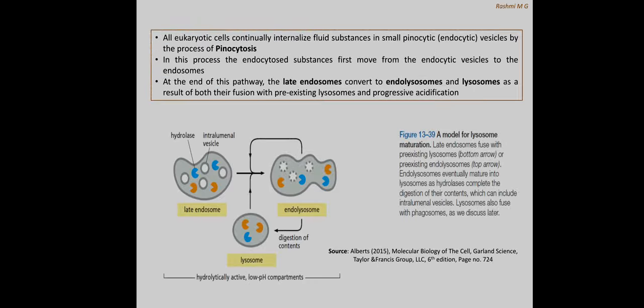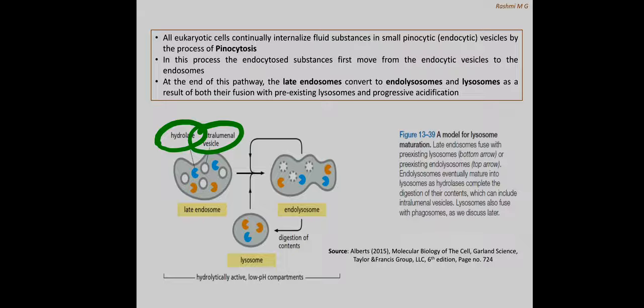First, how does this endolysosome form? There is the endosome, see here in this picture, having hydrolase and intraluminal vesicles inside the late endosome. So the vesicle membrane or coat gets degraded.